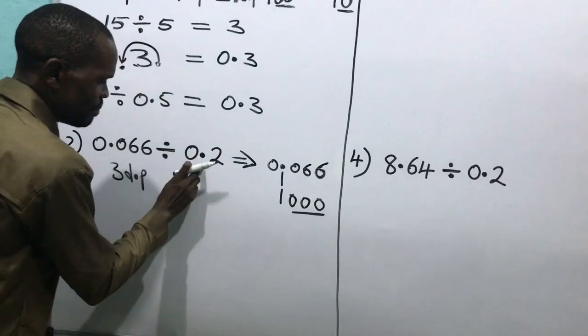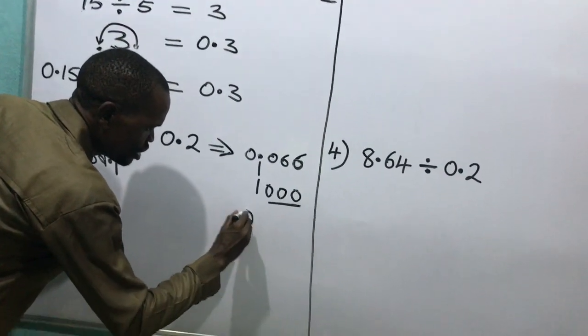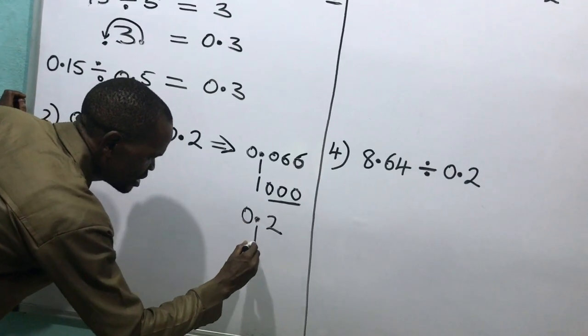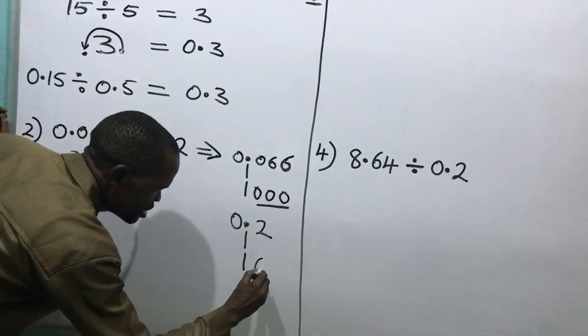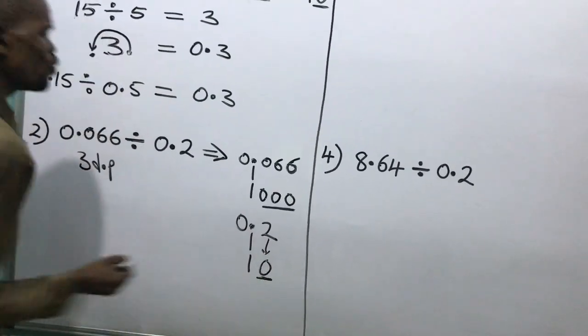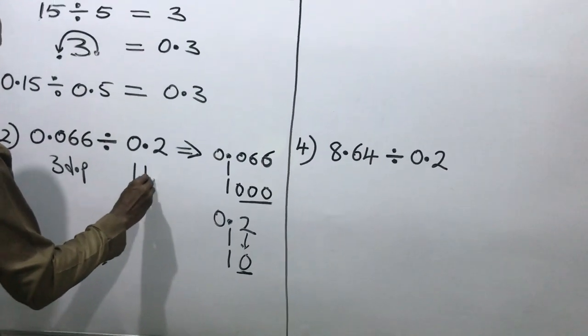Then I'm going to check how many decimal places this one has. I have 0.2. That means this dot here represents 1, and after the dot, the other ones are represented by 0. That means the 2 is represented by 0. That means it has 1 decimal place.